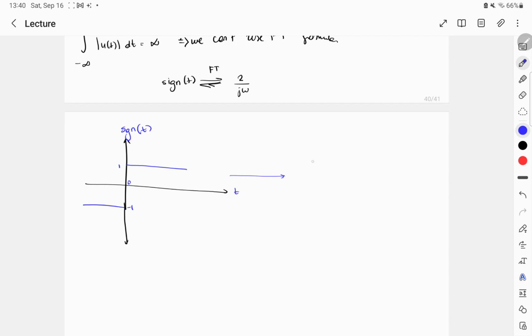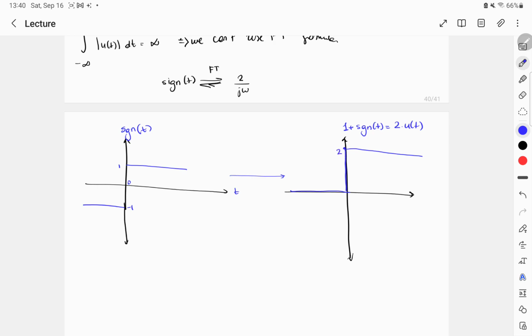After doing the amplitude shift by 1, we will notice that our function will be something like this. This is 1 plus the signum function, which is twice the step function.